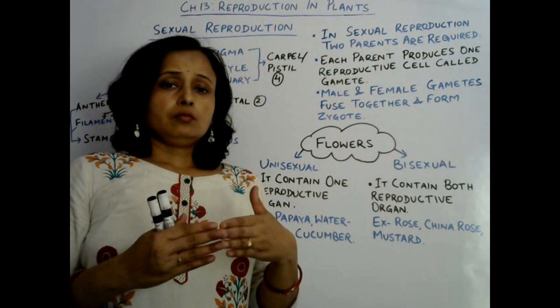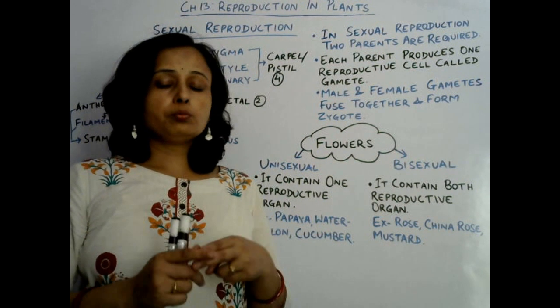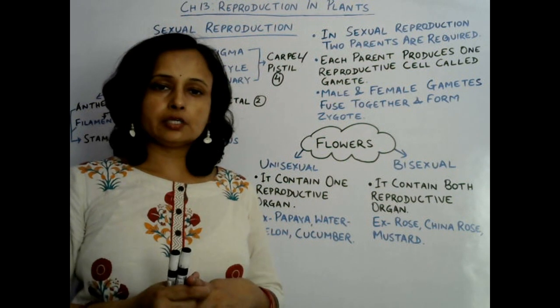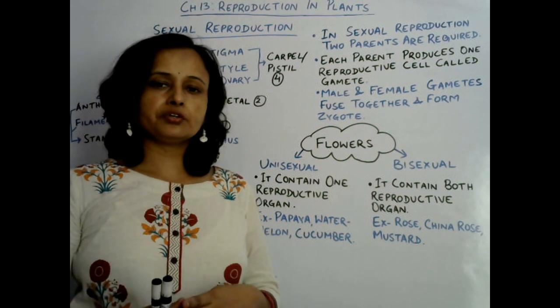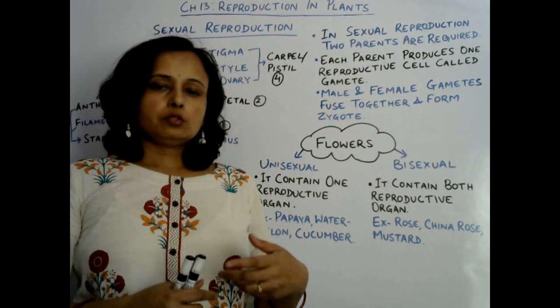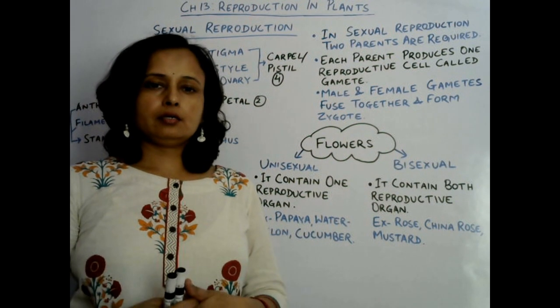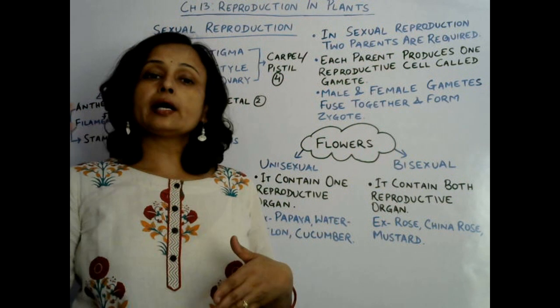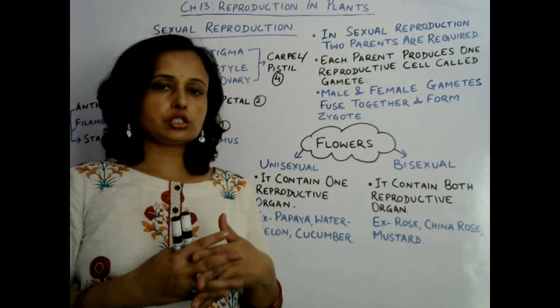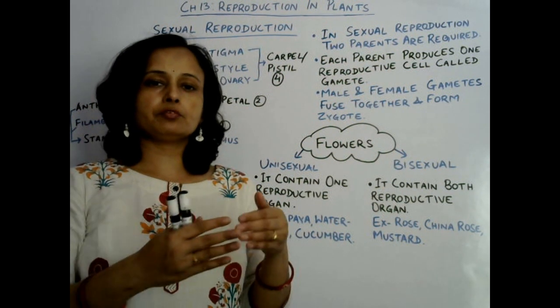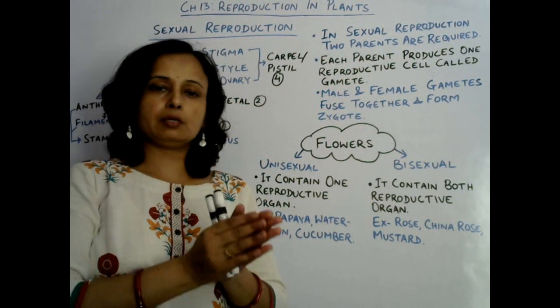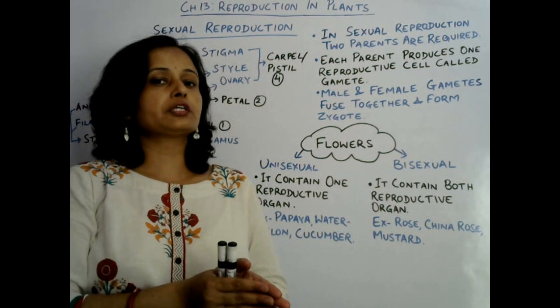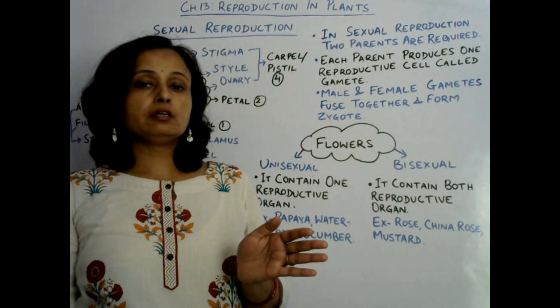For sexual reproduction, two processes are required. The first is pollination, the second is fertilization. In a unisexual flower, pollination takes place from one flower to another, because pollen needs to be transferred from male to female. So pollen grain from a male flower will transfer to another, female flower.